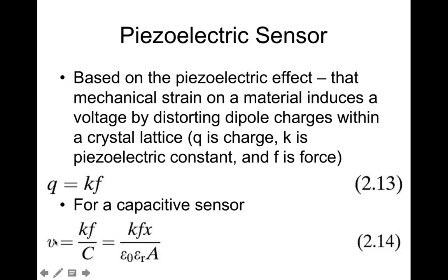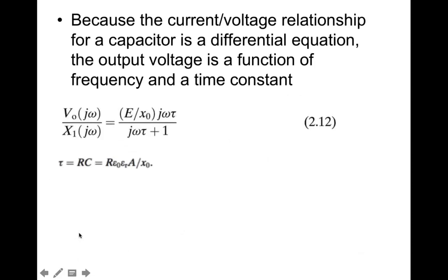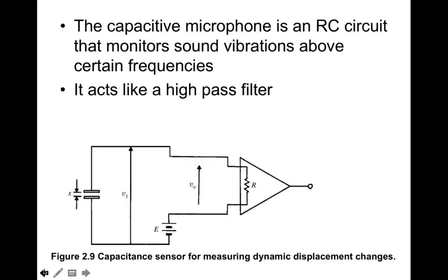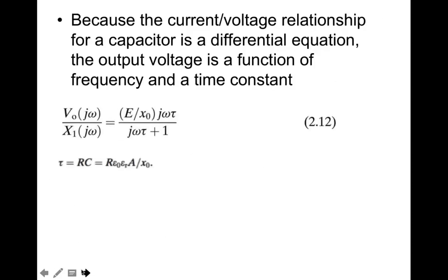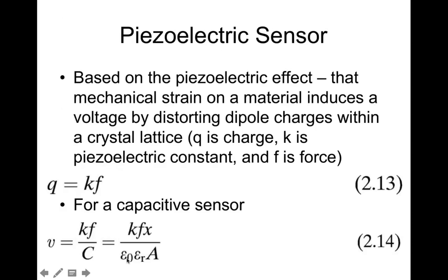Normally we would have voltage as Q over C. Substituting KF here, we now have voltage that's proportional to a force. And then if we substitute our formula for capacitance, we can see that the voltage is proportional to the force and the displacement x.